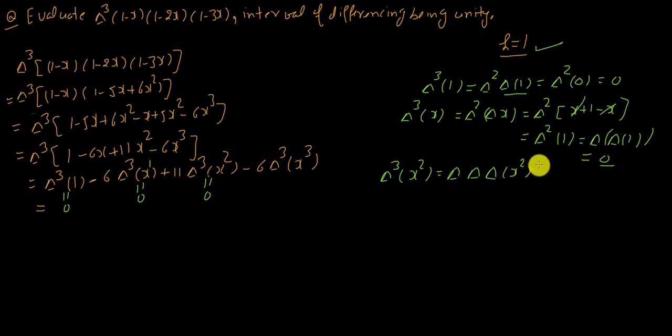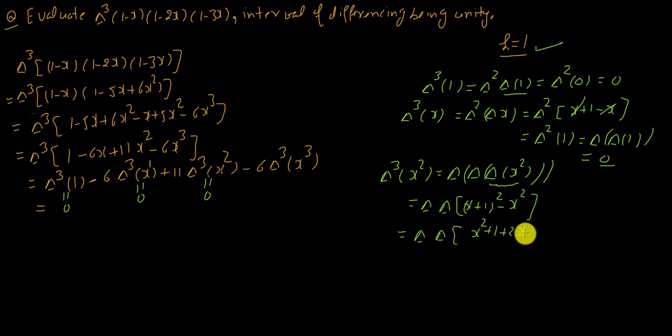Similarly delta cube x square. This can be written as delta square delta x square. Now when you apply the first delta over here, it will be x plus 1 whole square minus x square. Done. This will be delta square of x square plus 1 plus 2x minus x square. In the examination you have to show it something like that, delta square 1 plus 2x.